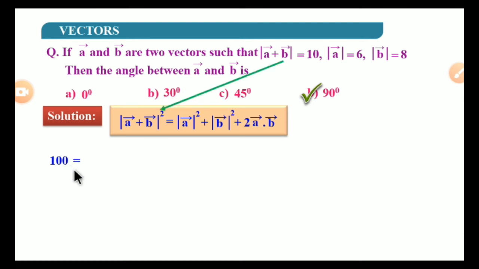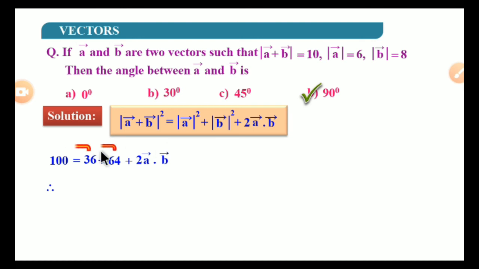Therefore it is 100, is equal to magnitude of A is 6, so it becomes 36, plus magnitude of B is equal to 8, so it becomes 64, plus 2 into A dot B.